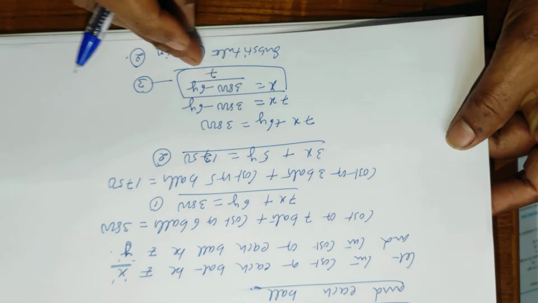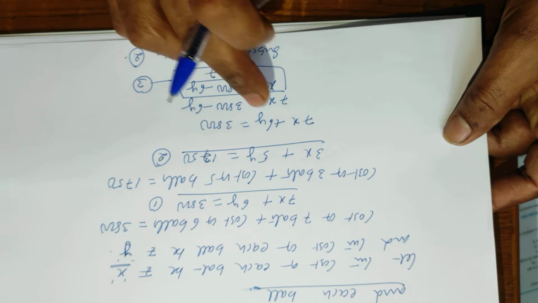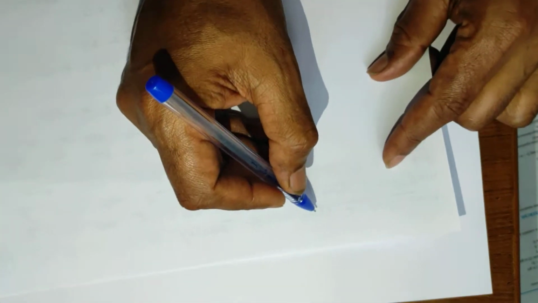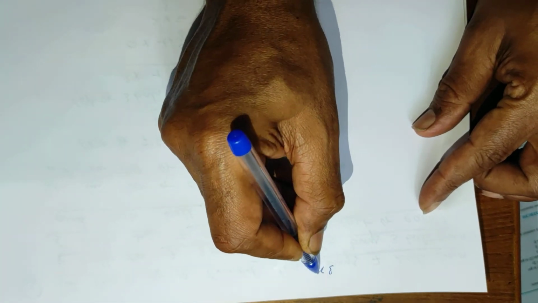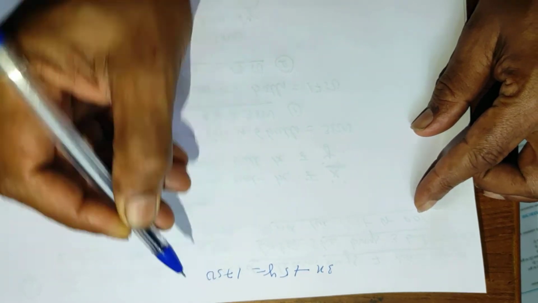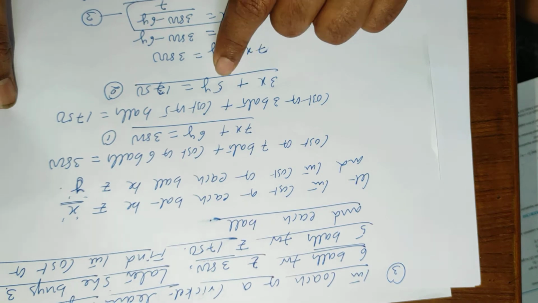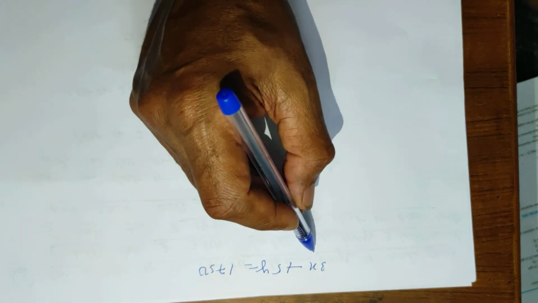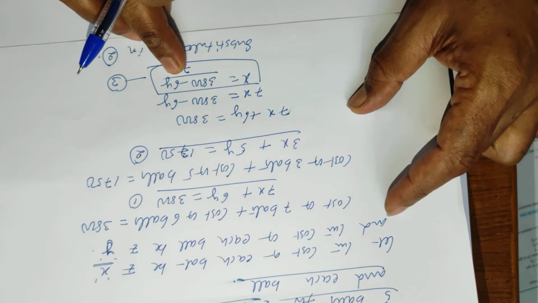That is 3x plus 5y is equal to 1750. So in the place of x, I have to write 3800 minus 6y by 7.